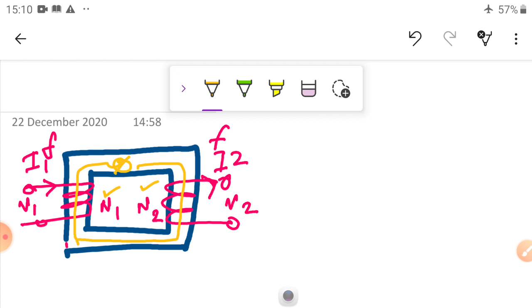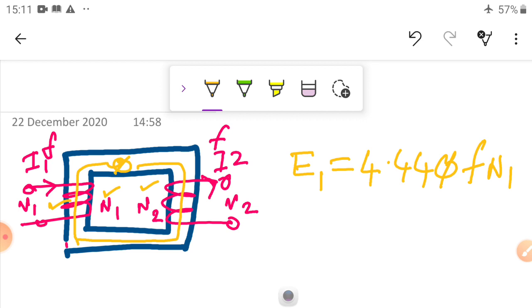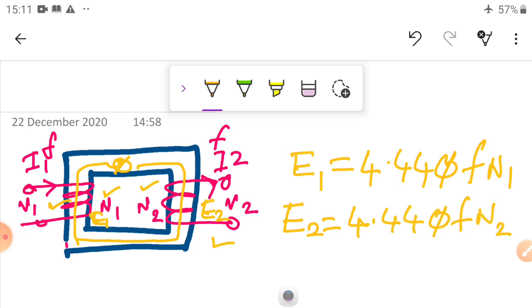Based on N1, EMF E1 is induced in the conductors of the primary, the self-induced EMF, which depends on 4.44 times maximum flux, F and N1. The induced EMF E2 is the mutual induced EMF, E2 equals 4.44 times flux, F and N2.